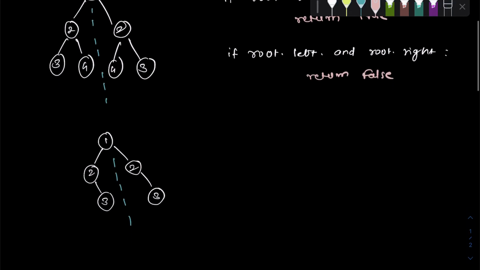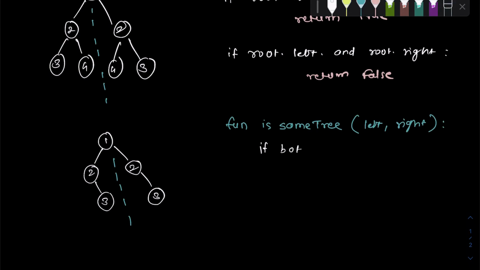In this case, we will just call the same tree function, where we will take the left and right of the tree. And as I said earlier, if both are none, return true.